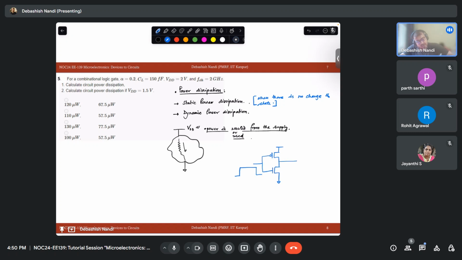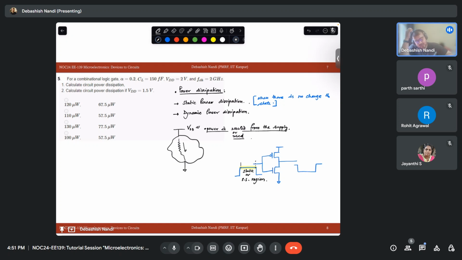So at output you will get this kind of thing. This region is called your static or steady state region. During this time, what is the power that is being wasted or dissipated? That is your static power dissipation.